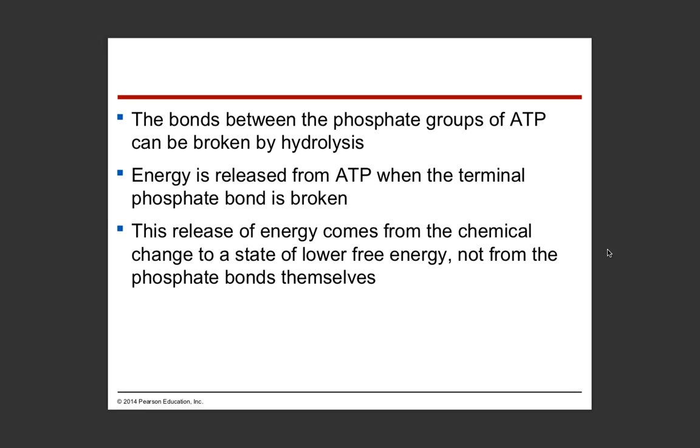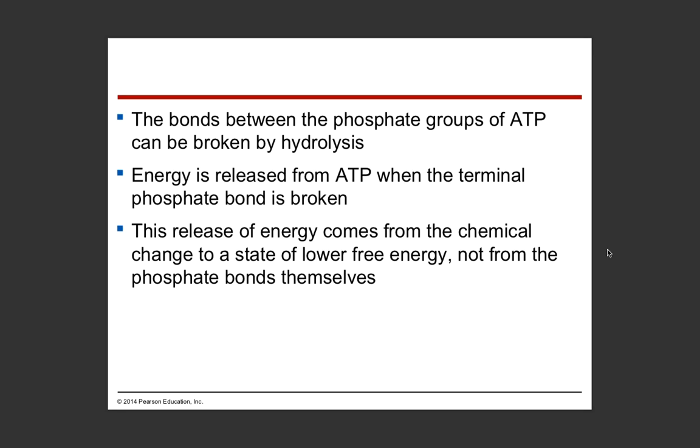So like I just said, ATP, adenosine triphosphate, can be broken down to adenosine diphosphate with the release of an inorganic phosphate when we put it through hydrolysis. So again, hydro-water lysis to break. So when we add in water, it releases a terminal phosphate off of ATP, creating ADP, and this expels energy. So energy that's released from ATP when the terminal phosphate is broken helps to drive chemical reactions.